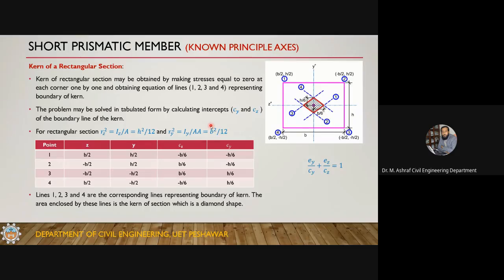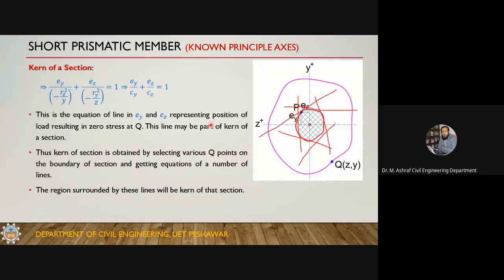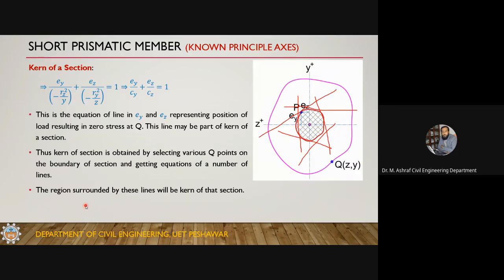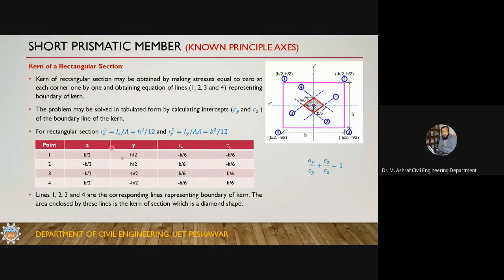So take the same stress equation, make stress equal to 0 at each point, and you will get a number of equations. It is better to just get the intercepts of the line. I have done it using this tabulated form.